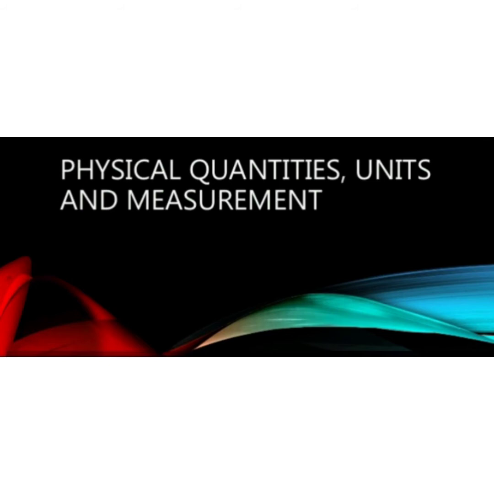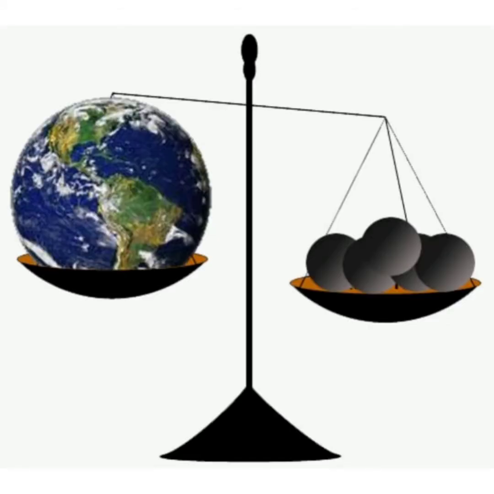Okay, children. Very good. Which topic did we learn in our last class? Do you remember? Yes, mass. What is mass? The amount of matter contained in a body is called mass.